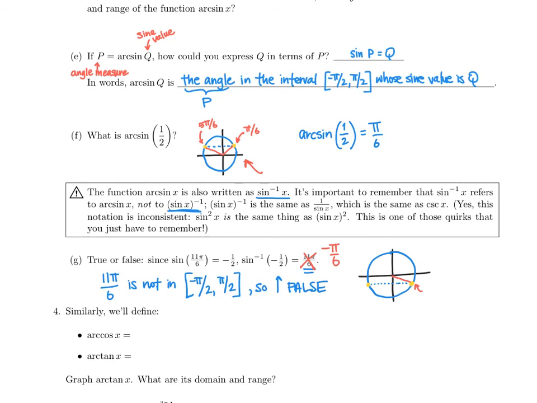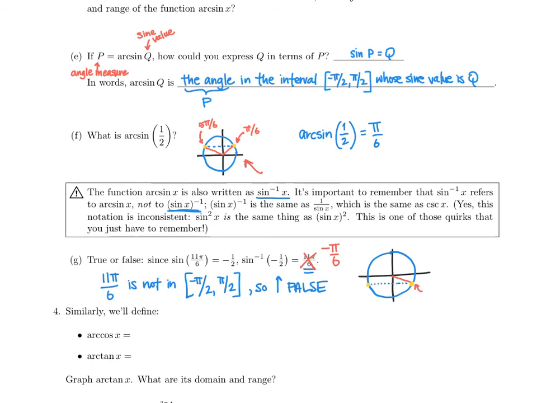Now, as I hinted at before, cosine and tangent are going to run into the same trouble we had with sine, failing the horizontal line test at every single function value because of their periodic nature. So we want to talk about what we restrict the domains to in order to invert them and create arc cosine, the inverse trigonometric function for cosine, and arc tangent, the inverse trigonometric function for tangent.